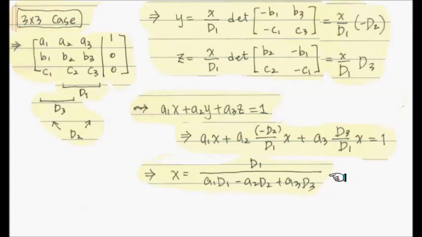So if you look at what d1 is, the 2 by 2 matrix of this one, and d2 was a 2 by 2 matrix that involves the first and the third column and so on. d3 is the first and the second column. So it's completely given by that coefficient matrix of size 3 by 3. And if you think about the 2 by 2 case, the solution has a nice polynomial form, except there's a common denominator that showed up in the inverse of a 2 by 2 matrix, and the denominator also was polynomial.